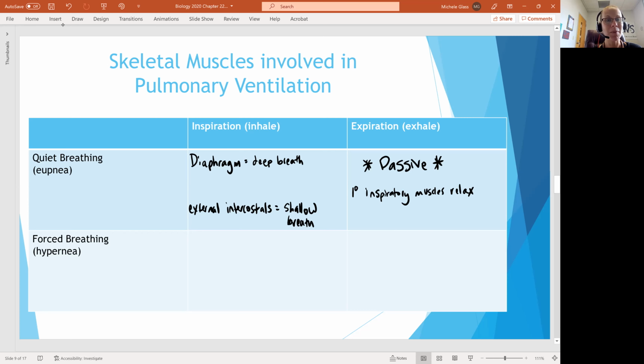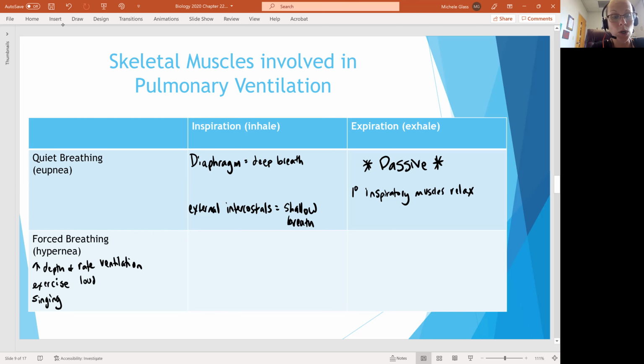When we talk about forced breathing, we can talk about this as hyperpnea. And hyperpnea is going to happen when you need to increase the depth and rate of ventilation. And maybe this is because you are doing exercise, or maybe this is because you're singing or talking loud.